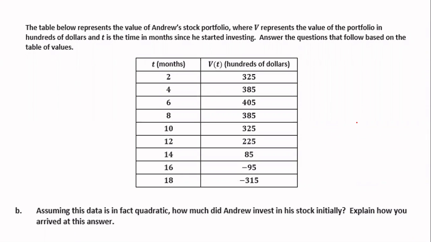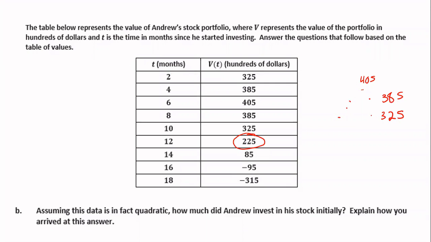Assuming it isn't quadratic, how much did he invest initially? Well, kind of a tricky question. 225 would be his initial investment, because if it is quadratic, then 405 was the top, and then you had 385 on either side, and then you would have had 325 on either side, in 2-month periods.